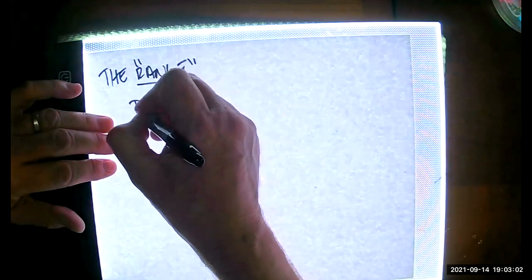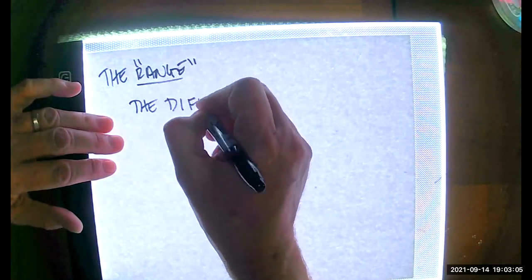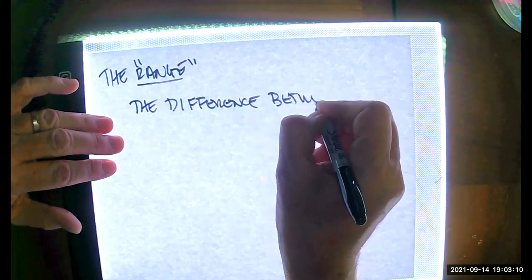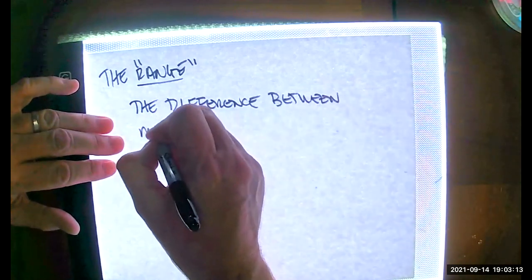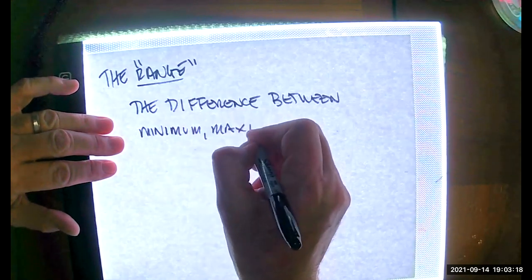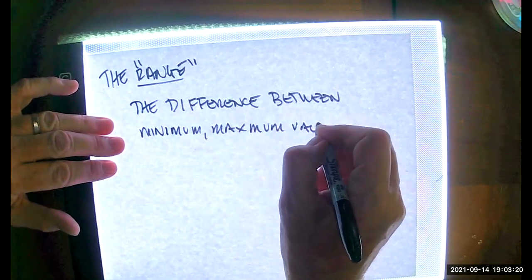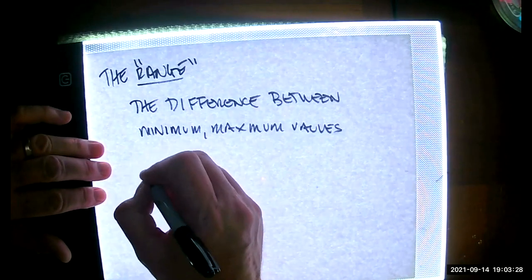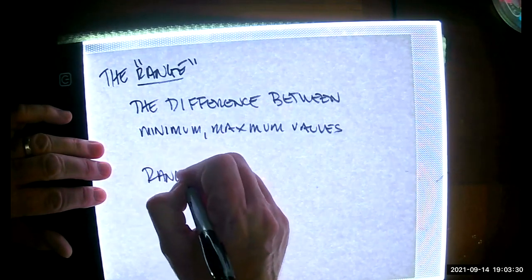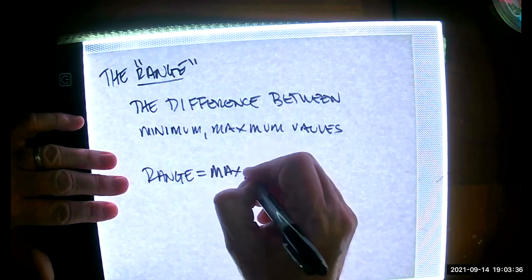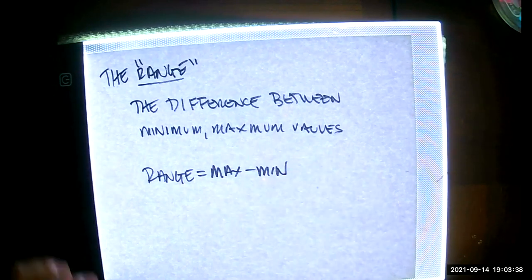And the range is literally just the difference between the minimum and maximum values. So the range, and there's no different formulas for population standard deviation here. It's literally just max minus min.